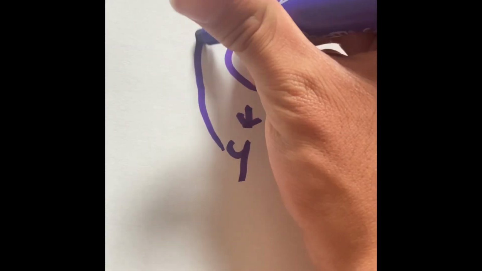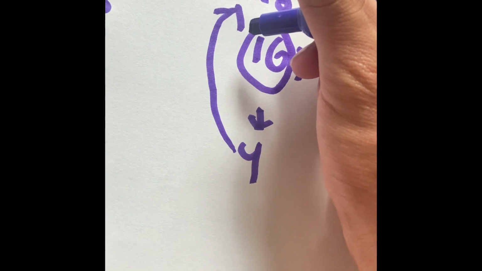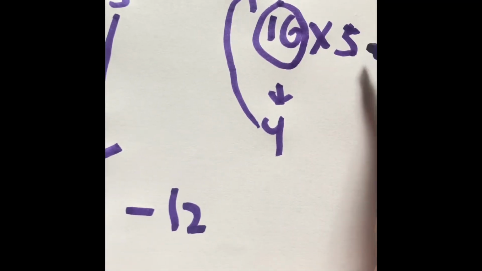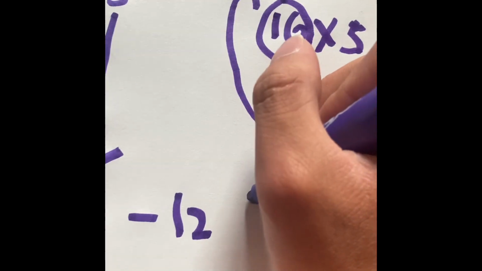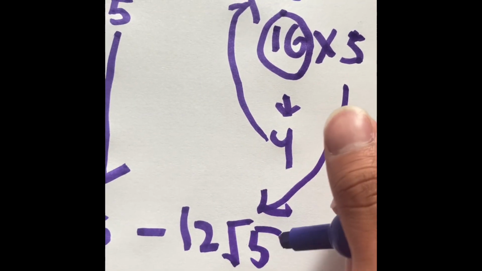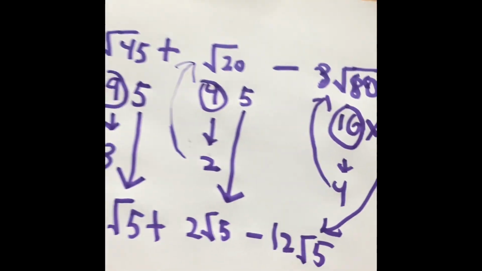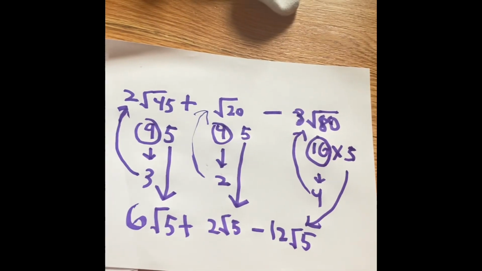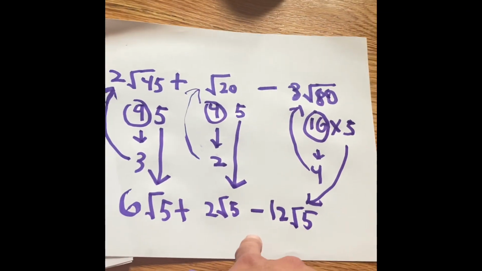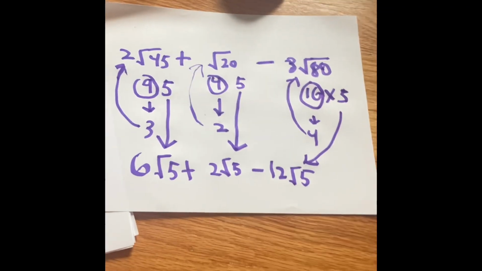So 4 times 3 is going to be 12. But we still haven't used the 5, so we're going to put it right there as the radical of 5. And voila! We did a lot of simplifying to make the math a bit easier to calculate.